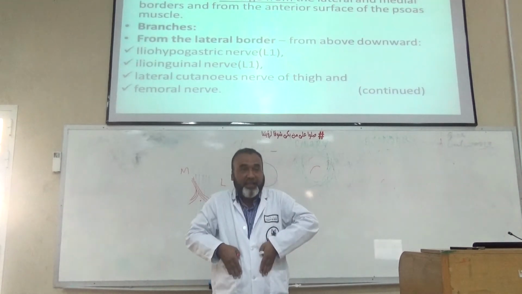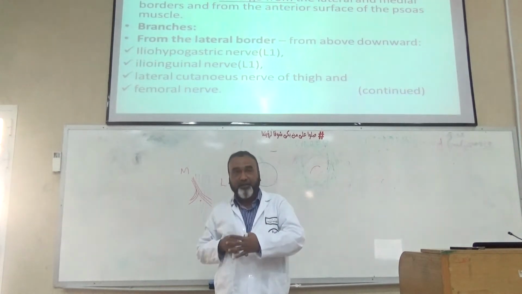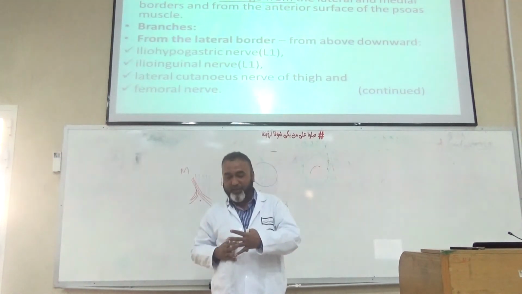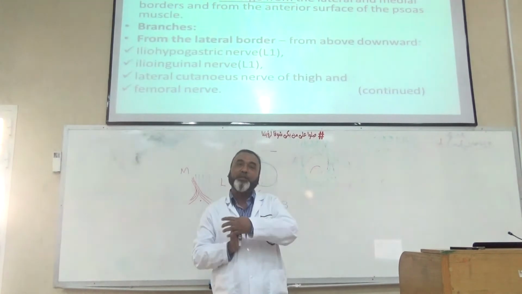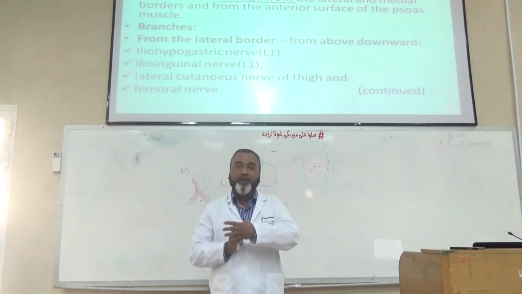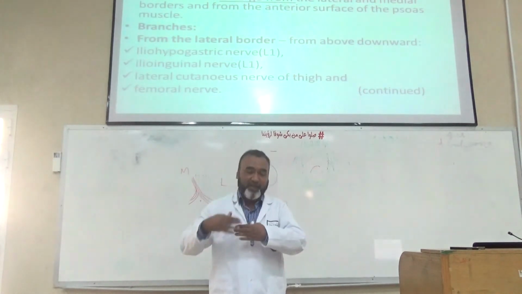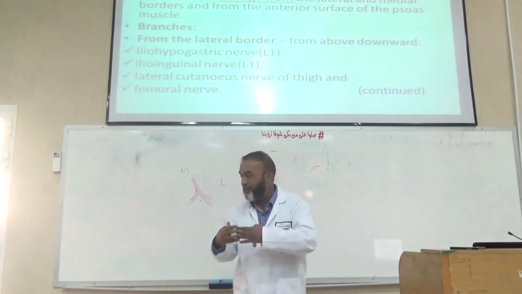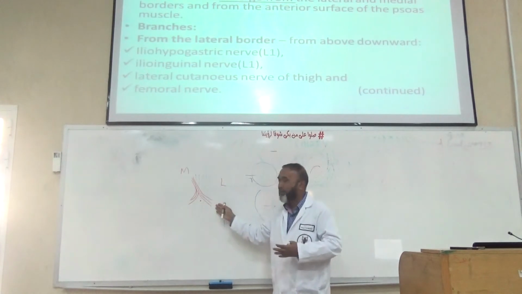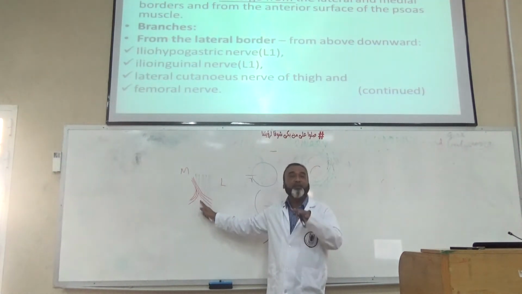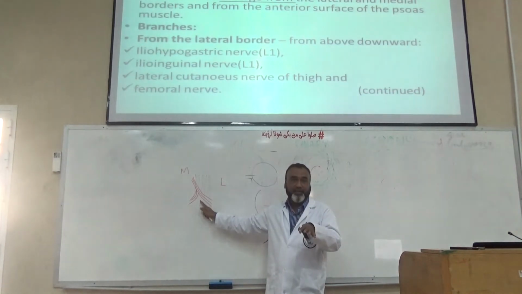The fibers L1, L2, L3, L4 and L5 come out and enter the substance of the psoas major. Then after their formation, some branches originate from the medial side, some from the lateral side, and some come out from the anterior aspect of the psoas major muscle.